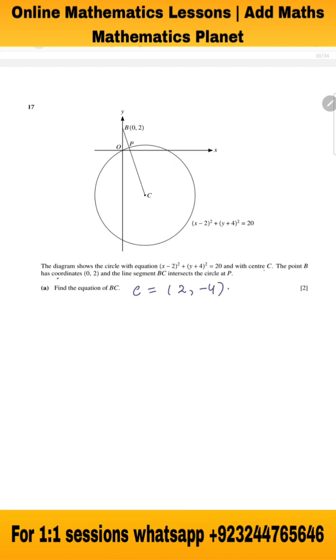Okay, so what will be the slope of BC? We have the center of the circle, that is 2, minus 4, so we can find the slope of BC, which is equal to, so now we can find the equation of BC.